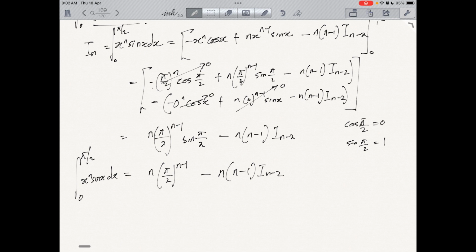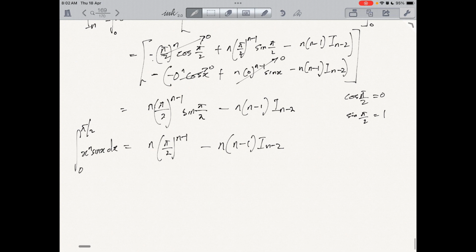And now, with this done, we can now evaluate the question. The question says integral of 0 to pi over 2 of 3 theta raised to the power 4 sin theta d theta. Now 3 is a constant, it can be brought outside. That's 3 times the integral from 0 to pi over 2 of theta raised to the power 4 sin theta d theta.